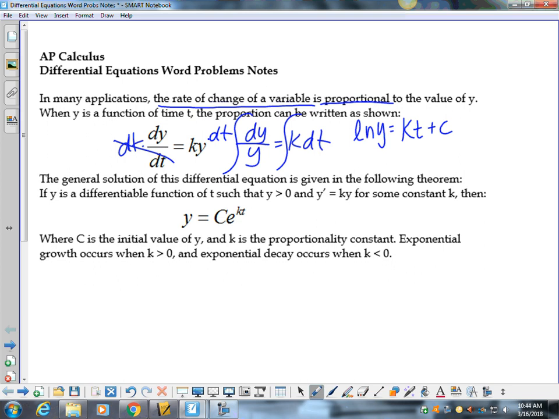Now again, if I want to solve for y, what would I do? Ln, its little base is an e. We just don't write it. So this is going to be e to the kt plus c equals y. What can you do with the e to the kt plus c?